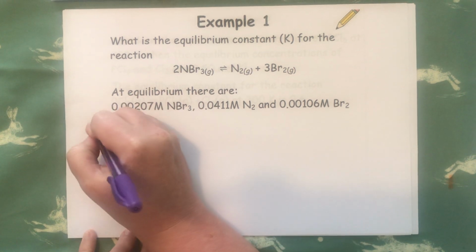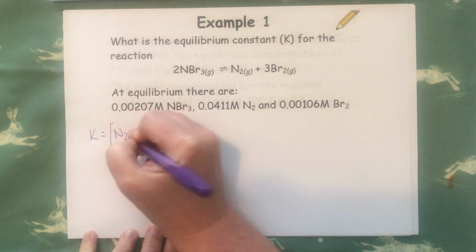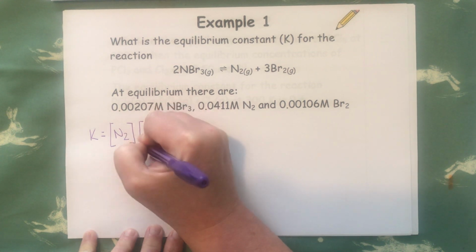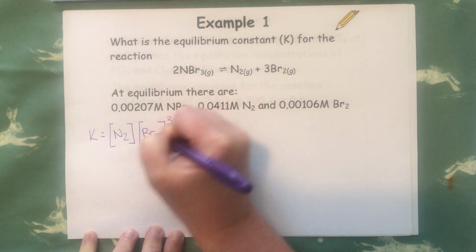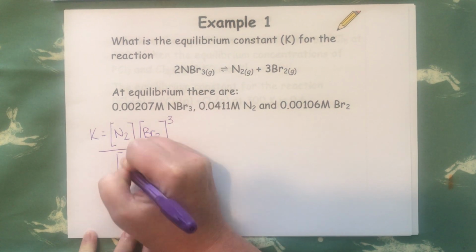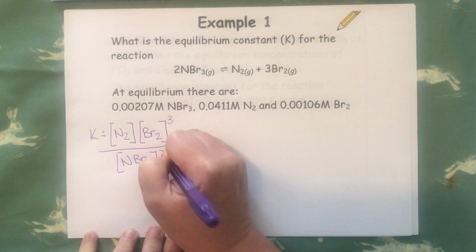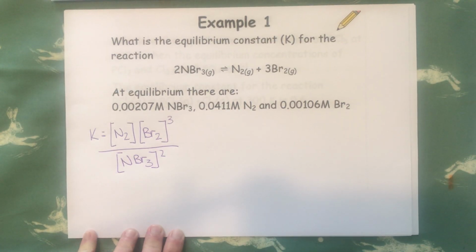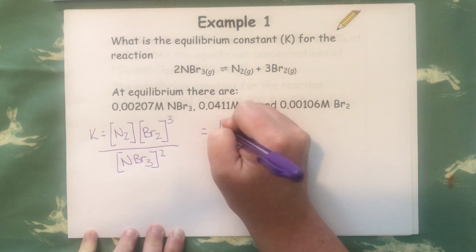So I would always start by writing out my equilibrium expression. If you just fill this in as you go. So there's my expression. I can now just plug in these values.